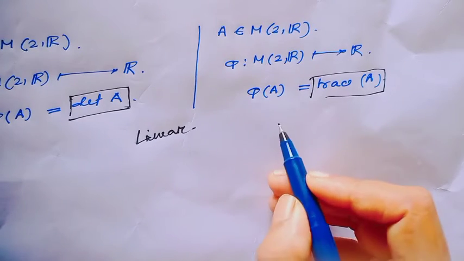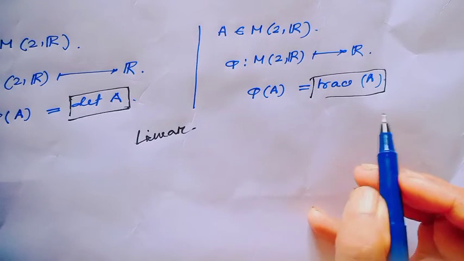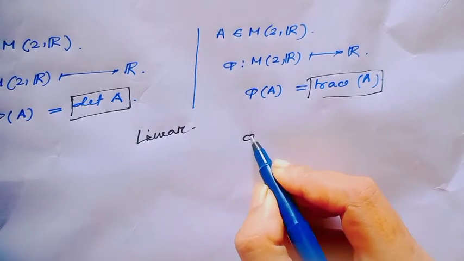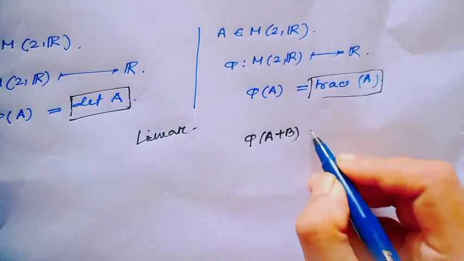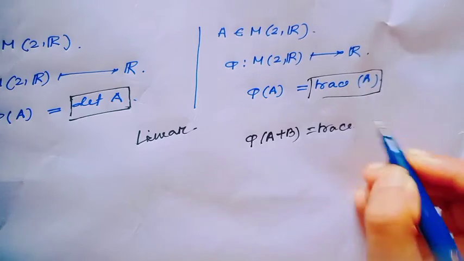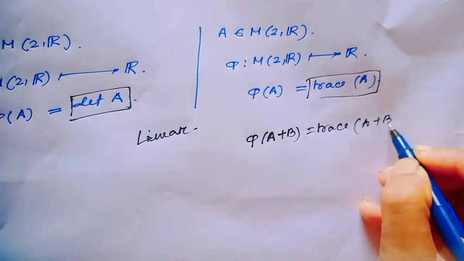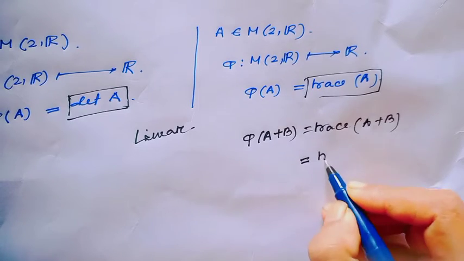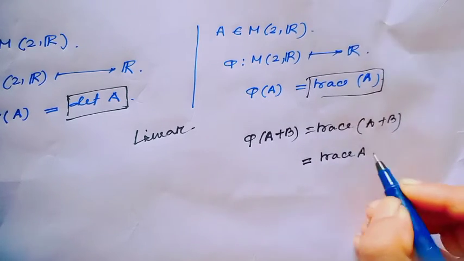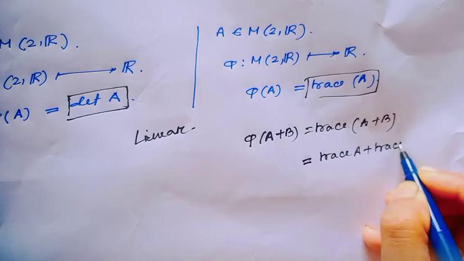Let us notice here phi of A equals trace of A. Then by the property of linearity, phi of A plus B equals trace of A plus B. And by the property of trace, we all know this is actually equal to trace of A plus trace of B. Okay?